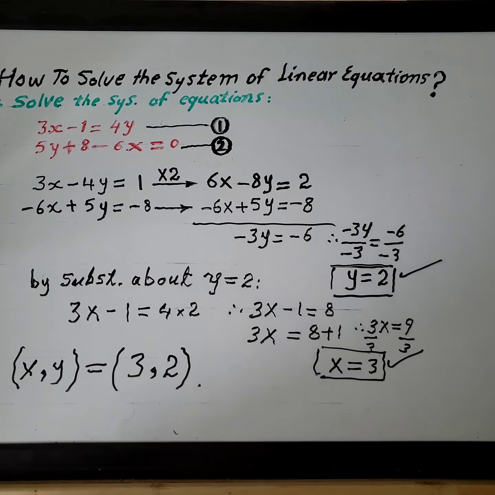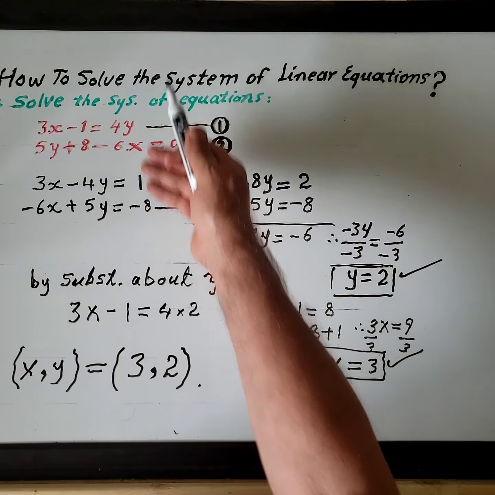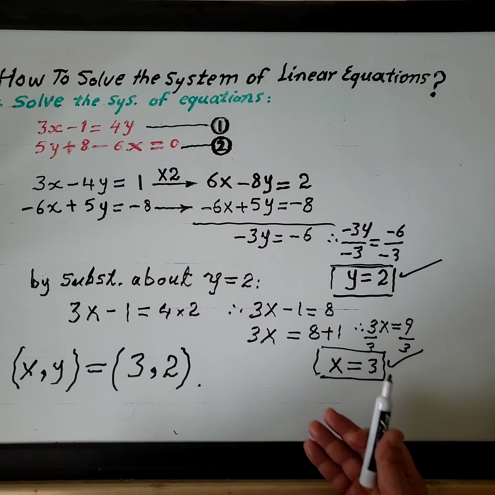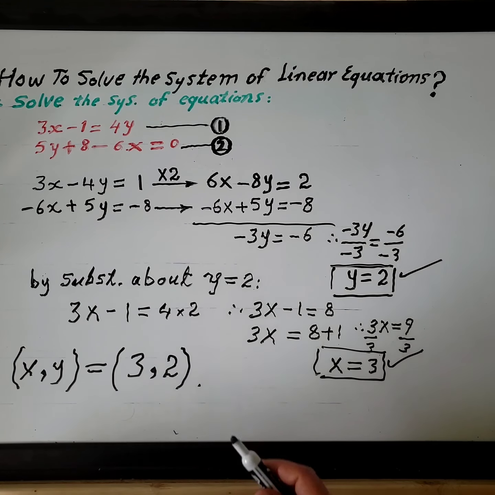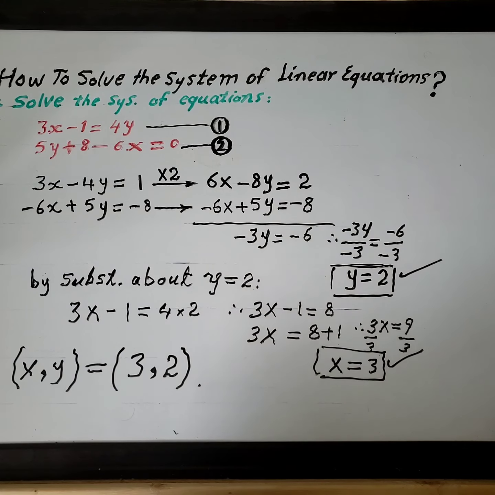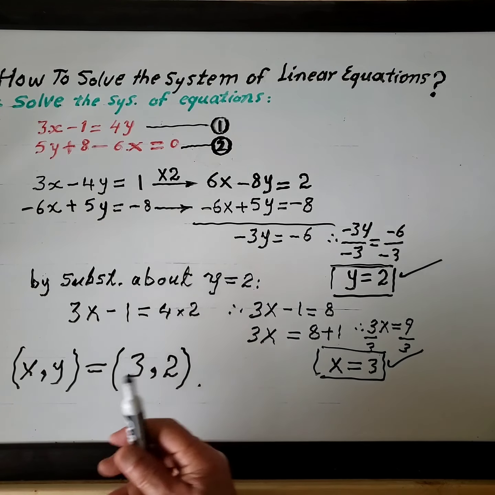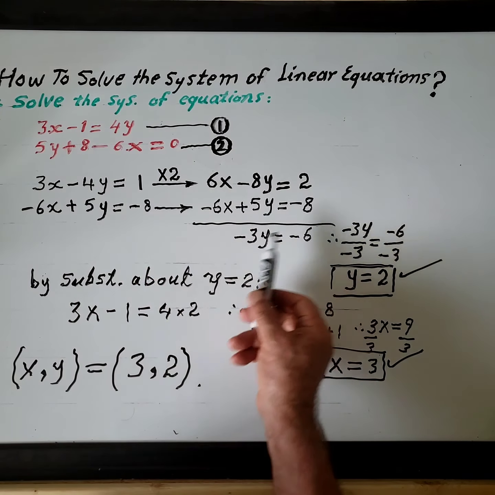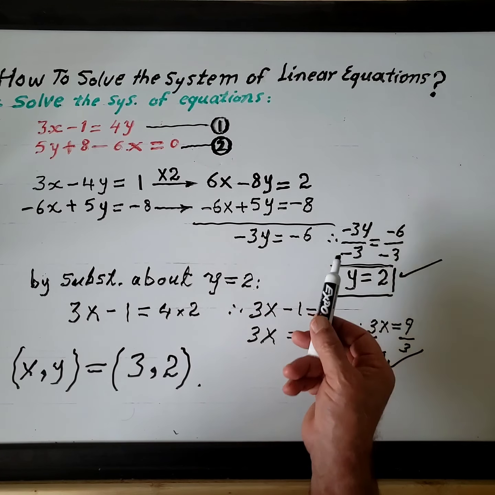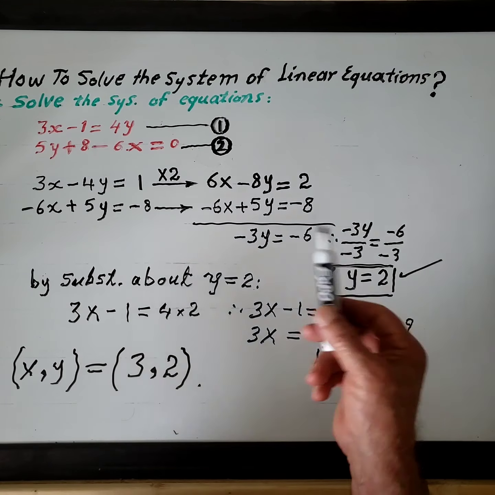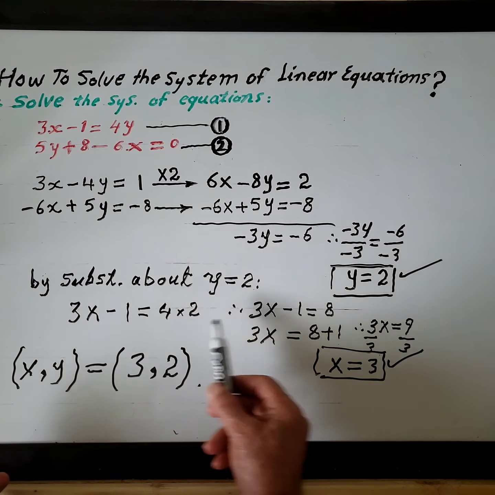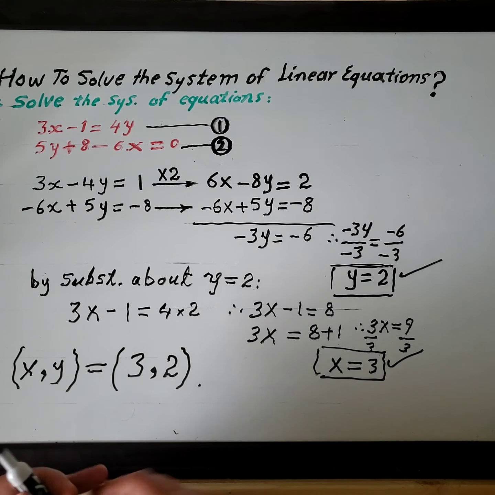This is the way of solving these equations, by the way of elimination. This way is known as elimination. As I eliminate x's from here, then I got the value of y. After that I make substitution to get the value of x.